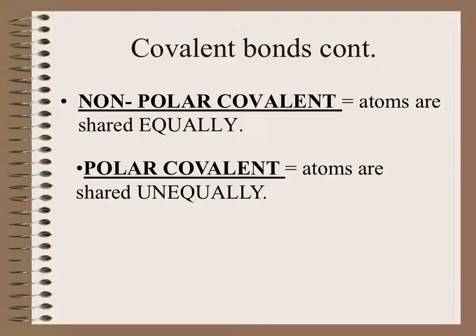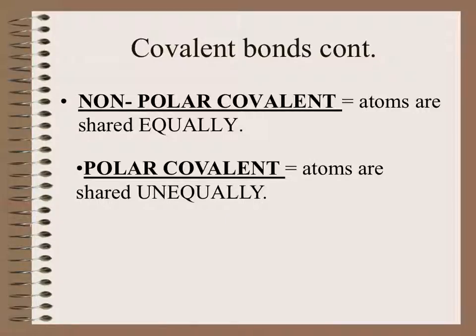Now there's 2 types of covalent bonds, nonpolar covalent and polar covalent. And the way to remember this is imagine that you're stranded in an Arctic region with many polar bears. And the only thing that you have to survive off for eating is fish. Do you think that the polar bear would share the fish with you equally? I don't think so.